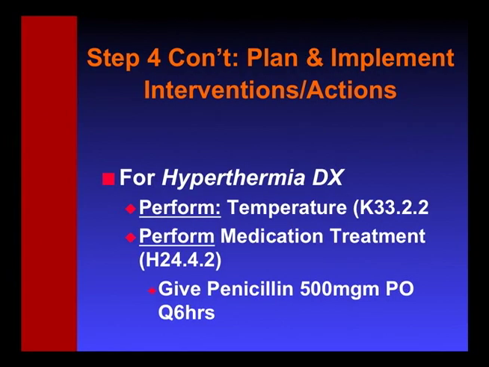And for the hyperthermia diagnosis, the nurse ordered 2 intervention actions, perform temperature Q6 hours, with the nursing jargon take temp every 6 hours, and perform medication treatment, with the nursing jargon give penicillin 500 milligrams by mouth every 6 hours.